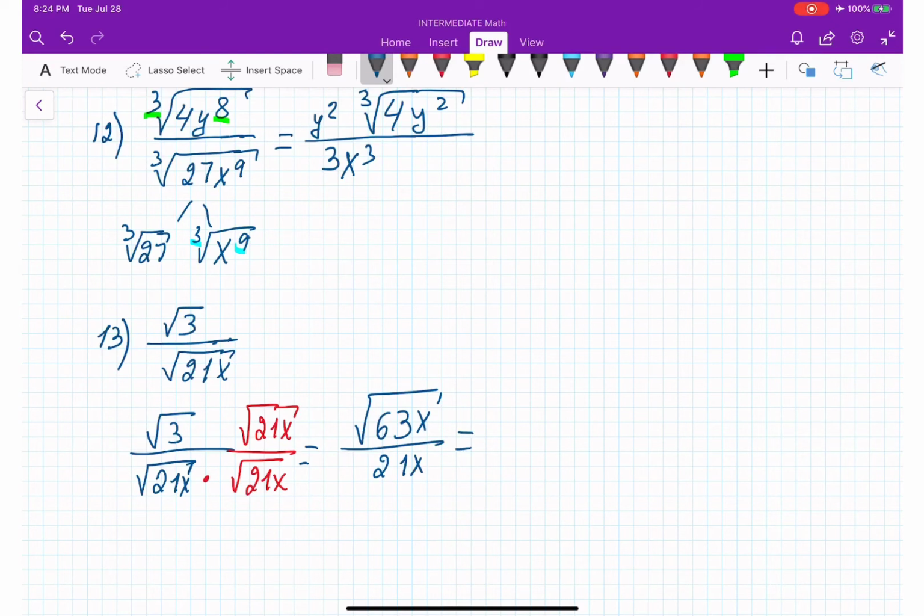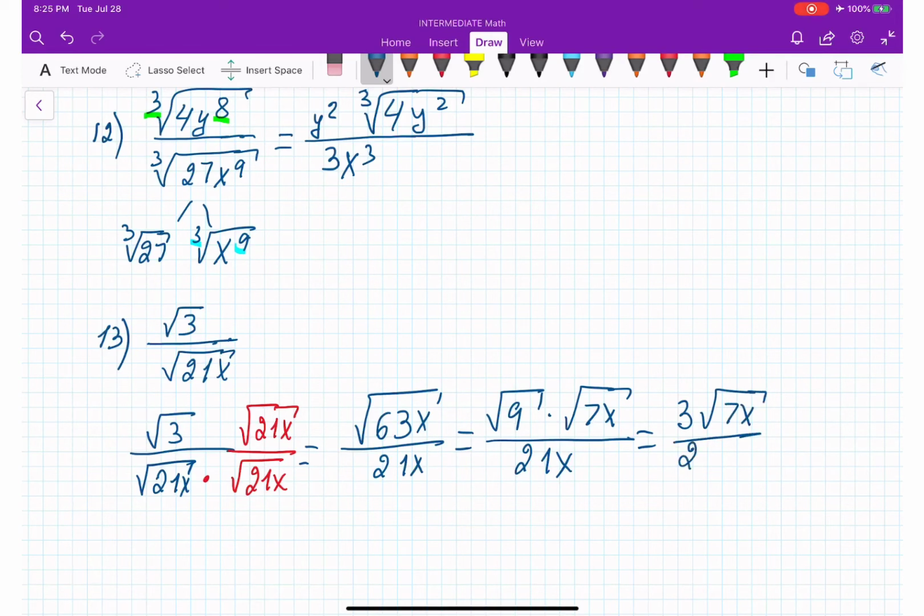I can break down square root of 9 and square root of 7x, right? I kept x with 7 because nothing comes out from square root 7, and nothing comes out from square root x, but 3 gonna come out from 9, right? And that is equal 3 square root 7x over 21x.